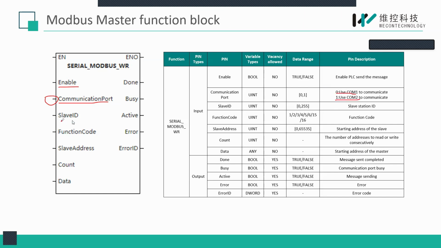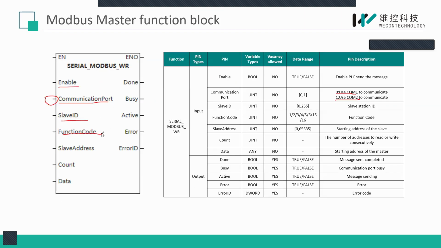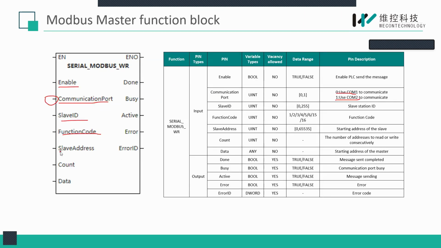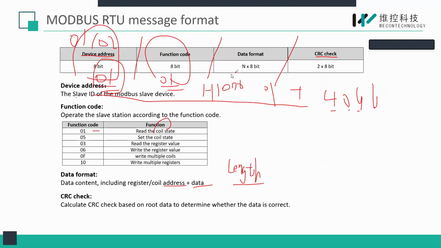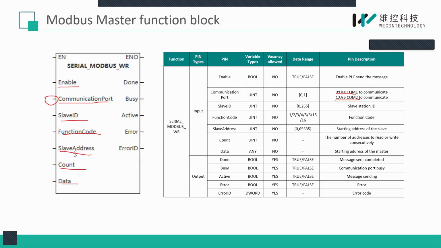And the select ID, just like we just said, the slave ID, the function code, and the select address and the count and the data, just like our data format. The select address means which address I need to read from the slave, and the count means the last, and the data.